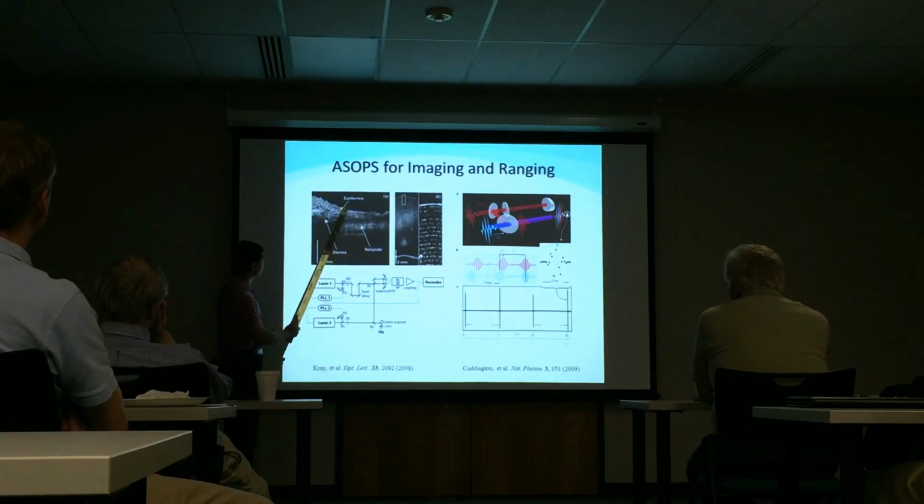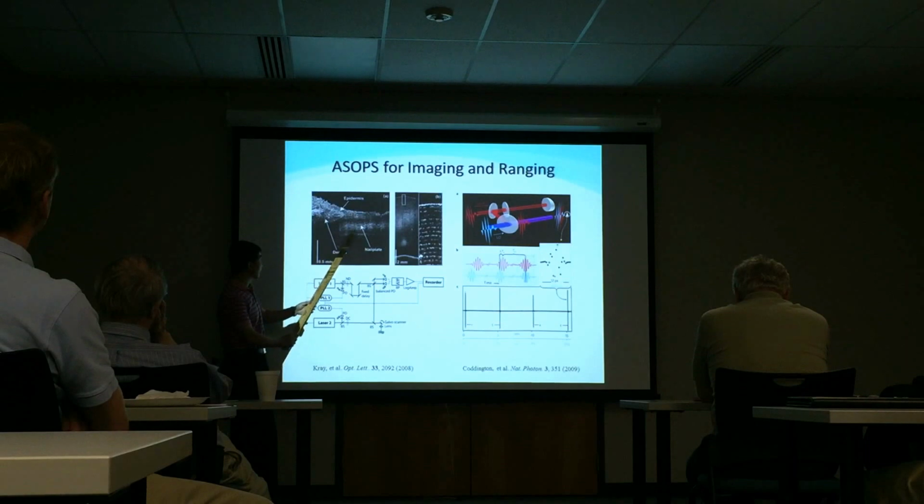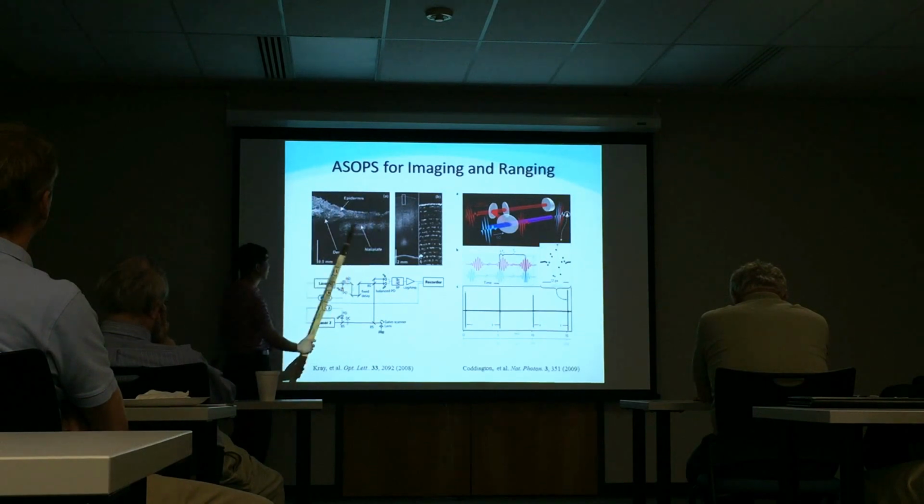You can see this is a vertical scale, so over a 2 millimeter range, and you can actually see the cross-sectional structure of your nail.